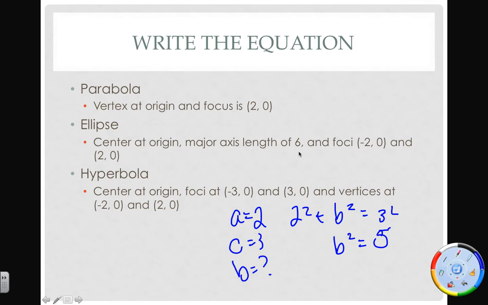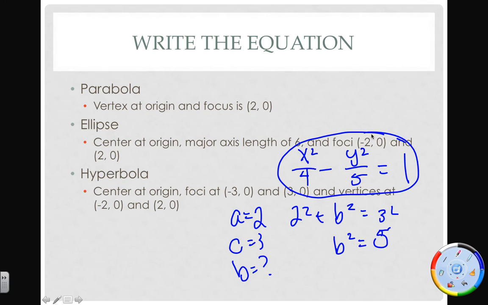Okay, back to this. I know it has to be x squared over A squared, so it's 4. So you notice that A is not bigger than B in this case. It's very important that we understand that. I mentioned that a minute ago. Minus y squared over B squared, which was 5, equals 1. There's your equation. Ta-da!